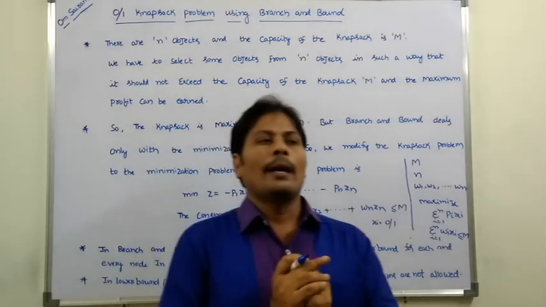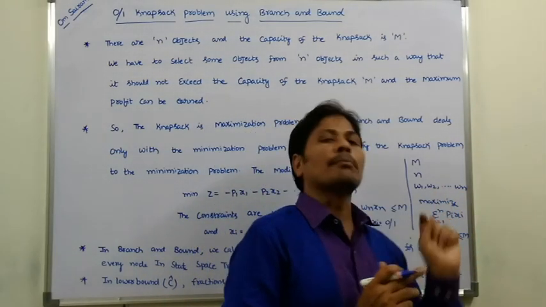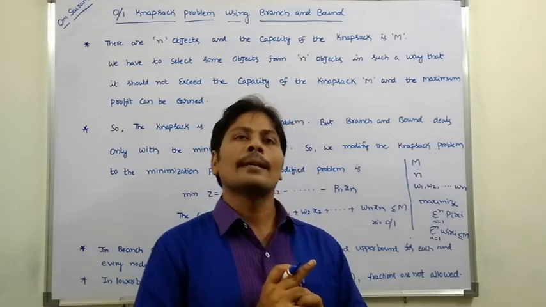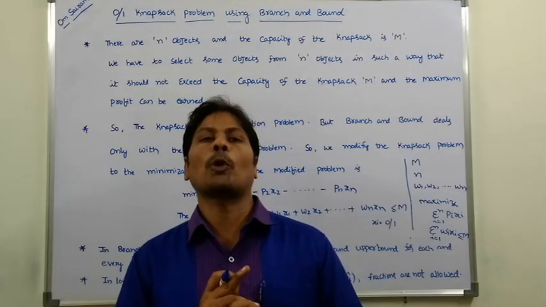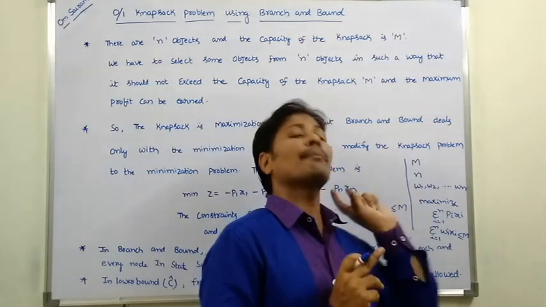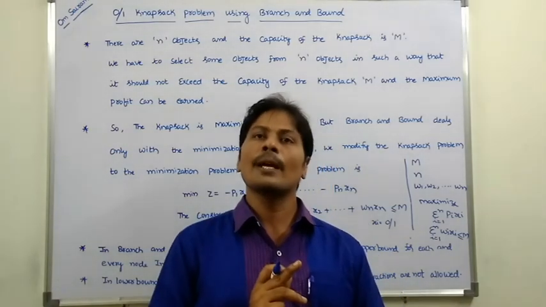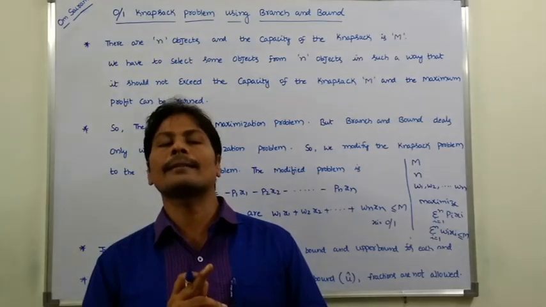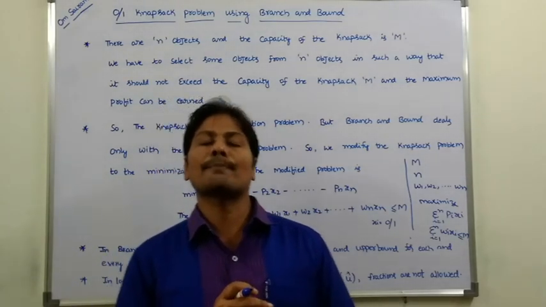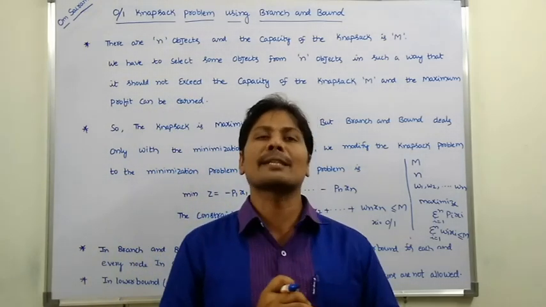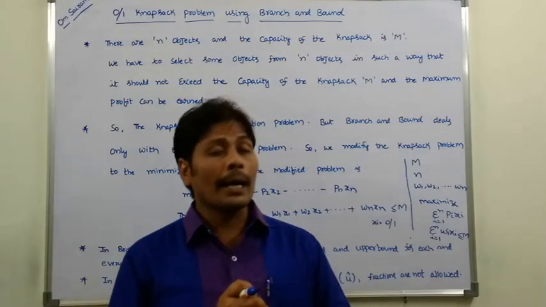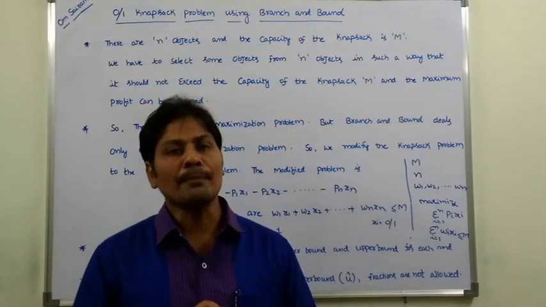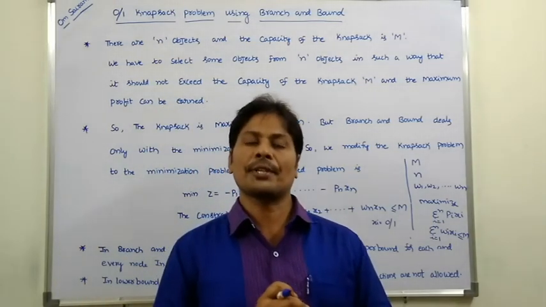Here our main objective is to maximize the profit. So we can say that the 0/1 knapsack problem is a maximization problem, because we have to obtain the maximum profit. But branch and bound deals with a minimization problem.